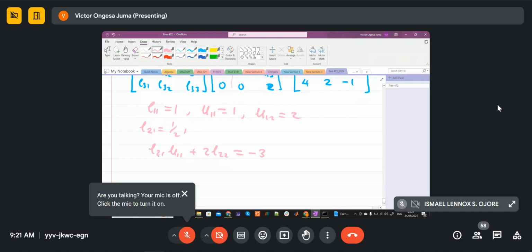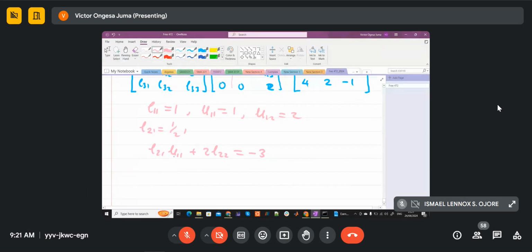So L21 multiplied by U11 is a half, right? So you get that L22 is minus 3 and then minus a half. That's the same as minus 7 over 2. So it will be minus 7 over 4. No, that will be L22.